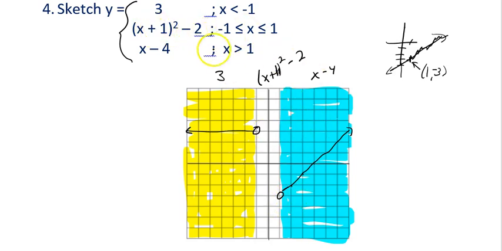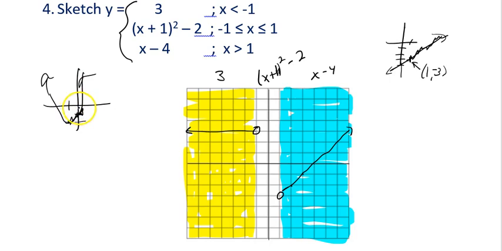I'm to the middle section. Now, if you think about the middle section, this is a parabola. It's been moved left 1 and down 2. So left 1 and down 2 puts us right here, and something like this. But I only want a very small part from -1 to 1. So I need to know what some of those exact points are.